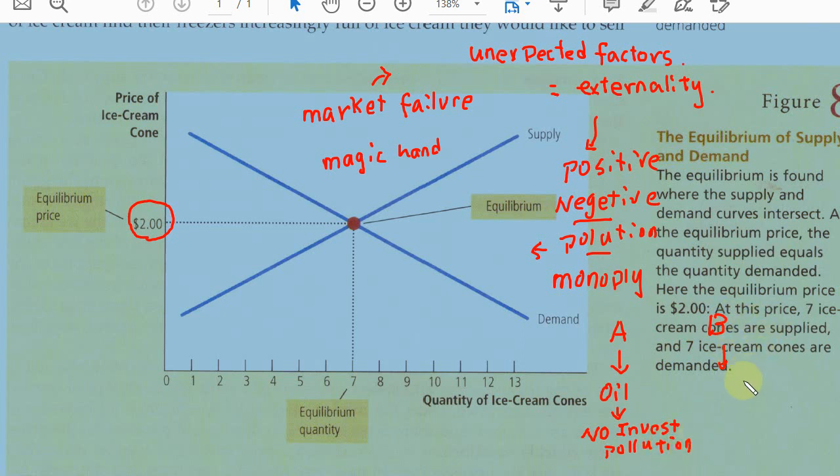But company B is equipped with a pollution preventing device. Meaning that this company spends money for manufacturing.